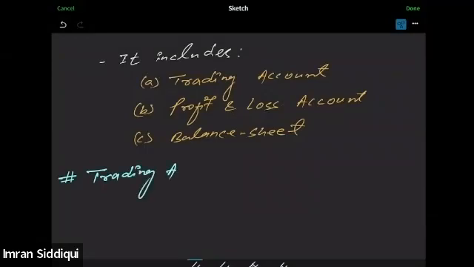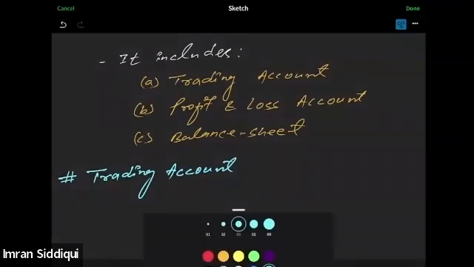See, all these statements are different and every statement has a different purpose. Trading account is prepared to determine the gross profit, and profit and loss account is prepared to determine the net profit or loss of the organization, and the balance sheet shows the assets and liabilities of the company at the end of the year. So every statement or account has a specific purpose.